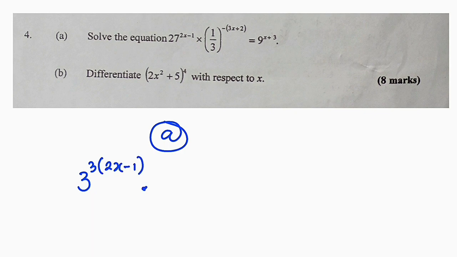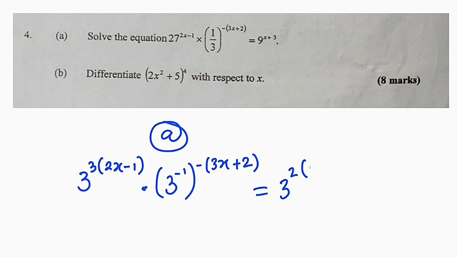Then multiply by, I can write 1 over 3 as 3 to the negative 1. 3 to the negative 1 is the same thing as 1 over 3. But we already have another exponent of negative 3x plus 2. This is equal to 9, which is the same thing as 3 squared. But we have another power of x plus 3. Right?